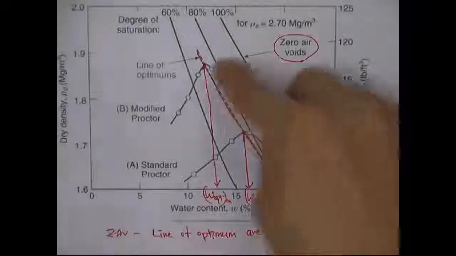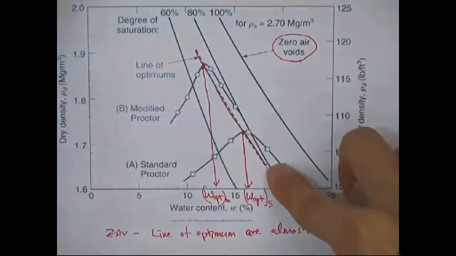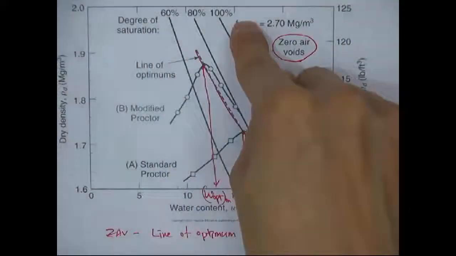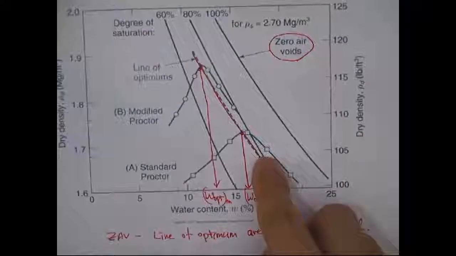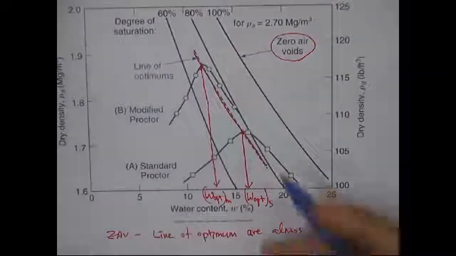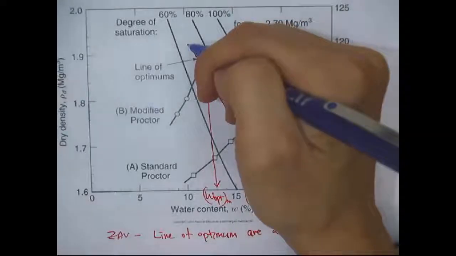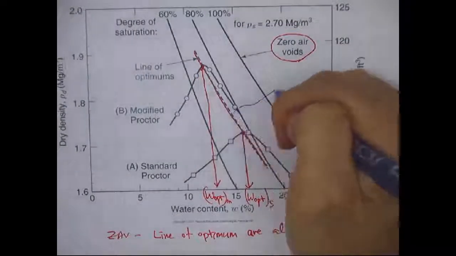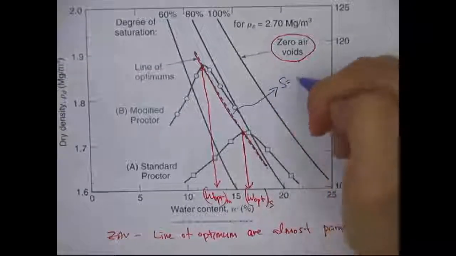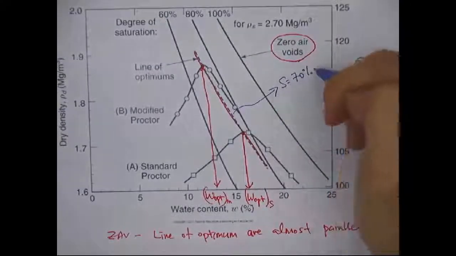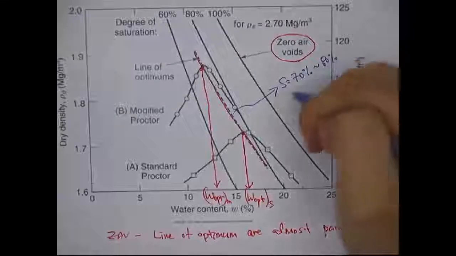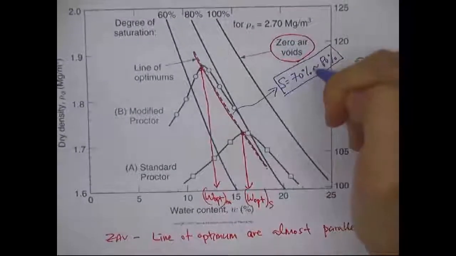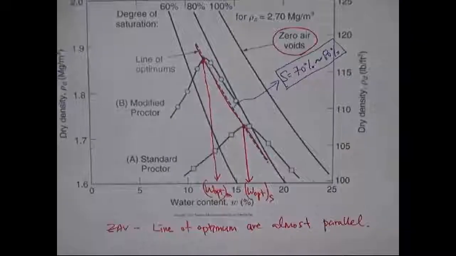And by comparing this line of optimum to this ZAV curve, you can see that the line of optimum is located between about 70% and 80% degree of saturation. So that's the optimal condition for the maximum compaction.